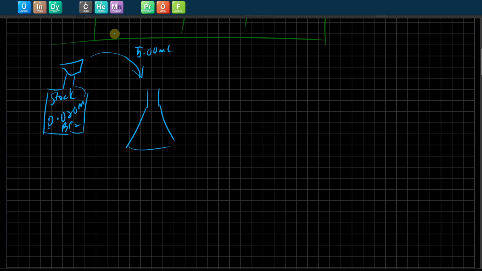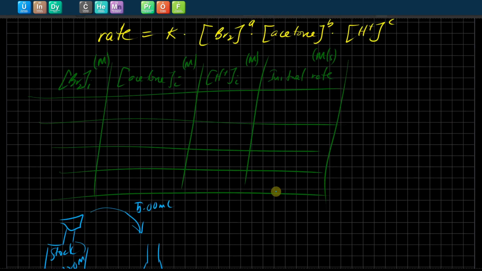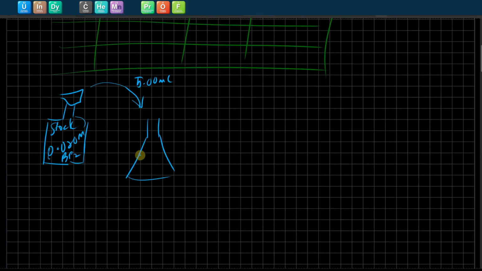Well, we're going to go through the details of how we're going to add that a little bit later. But we're also going to add all the other reactants, acetone and acid, and some water, so that the total volume here will be some specific number, right? Total volume. In most cases, that'll be 25.00 milliliters.